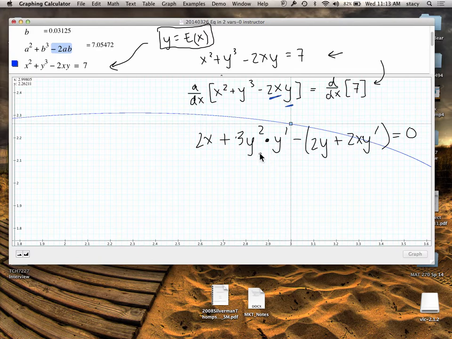Notice the thing I care about, y prime, is in this term, and it's also in this term. So I'm going to combine two steps, if you don't mind, and bring the 2x and the negative 2y and move them to the right-hand side. So I'm going to have 3y squared y prime minus 2x y prime, from distributing the negative, equals 2y from adding the 2y, and then minus 2x.